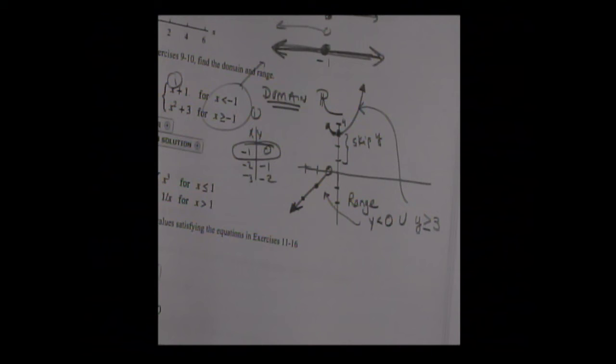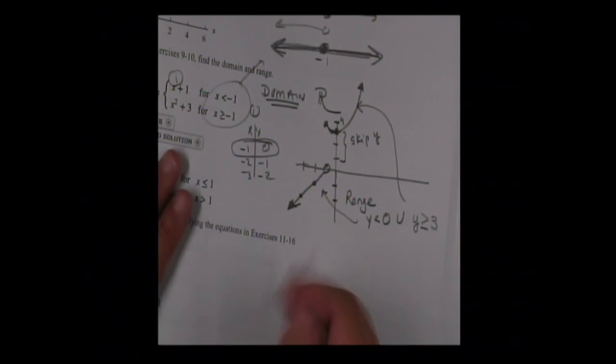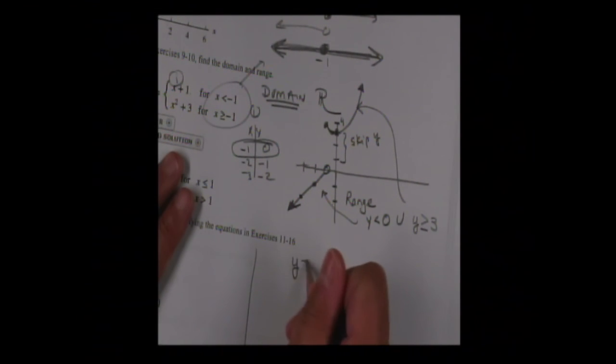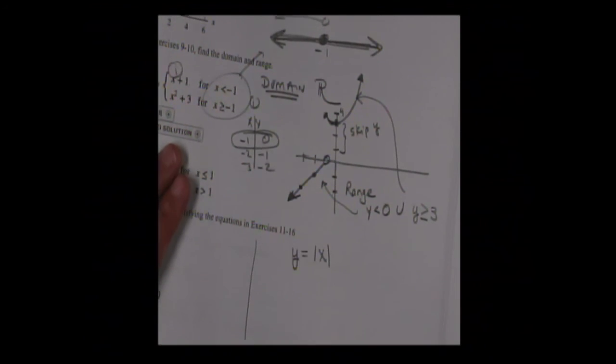The last 2 minutes that I want to talk about, and this right here is some solving, is I want to talk about a particular function. The function y equals the absolute value of x. Do you remember from 9th, 10th, and 11th grade math, if you graph y equals the absolute value of x, what it looks like? Yeah, what's it look like?